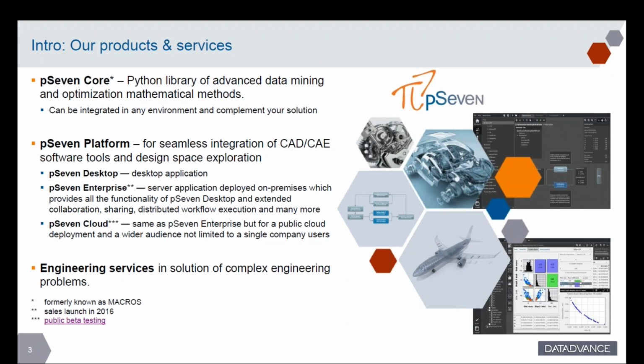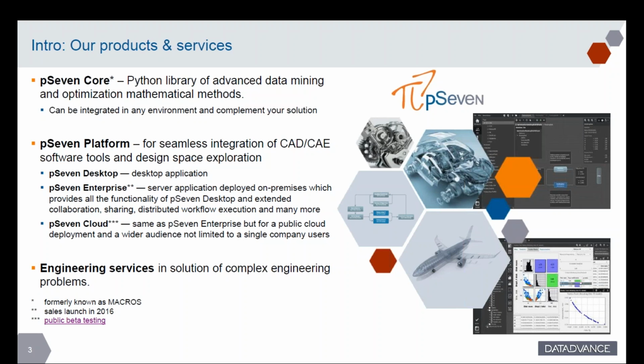Its main advantage is advanced and efficient mathematical algorithms accompanied with smart selection technology, which automatically selects the best method for the user's problem. Previously, this mathematical library was named Macros, and now it's going to be renamed to pSeven Core. So pSeven Core is nothing else than the good old Macros library.